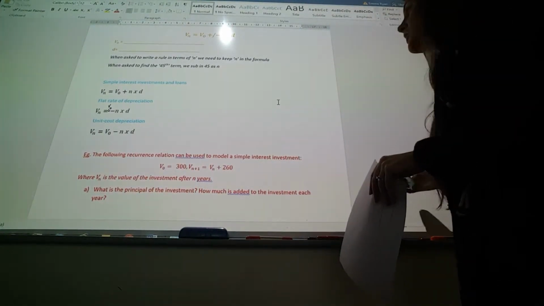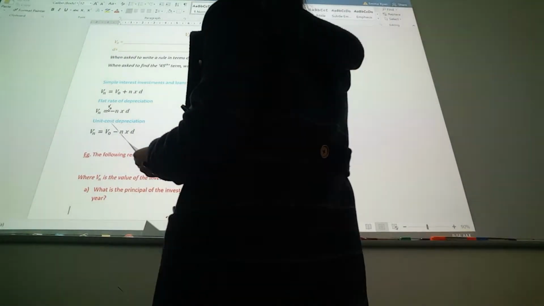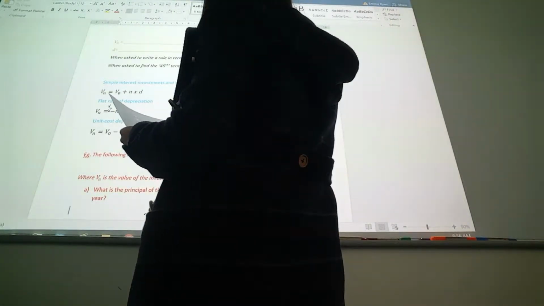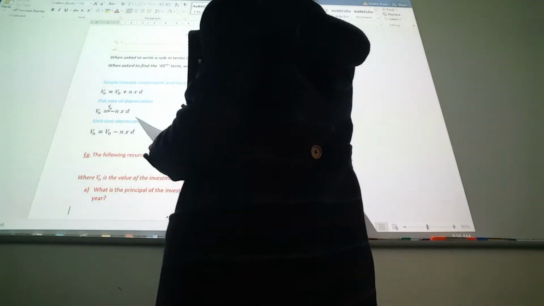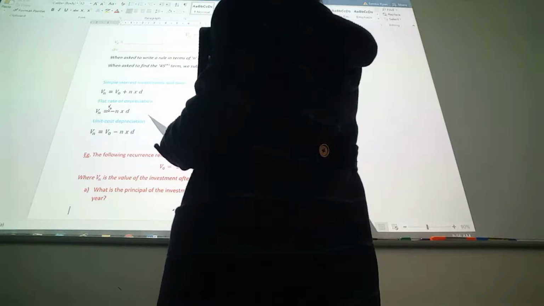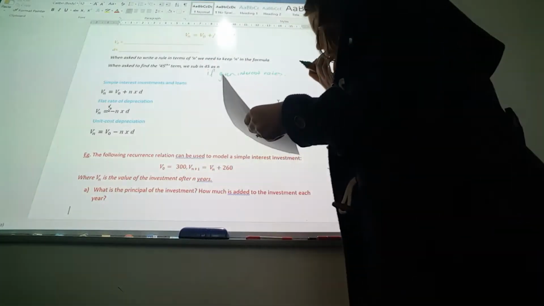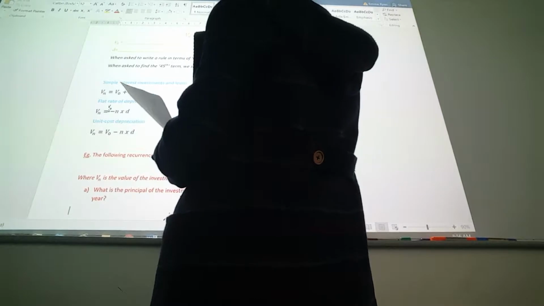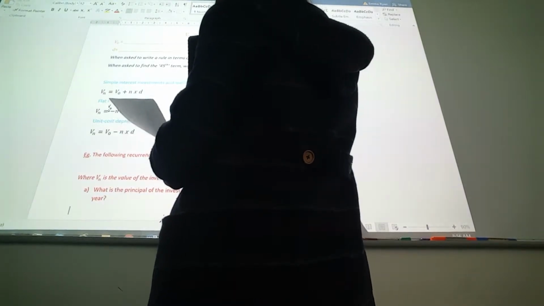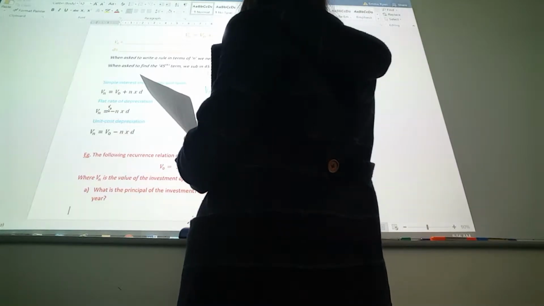If we are given interest rates, there are a few different formulas that we can use. So if we're given the interest rates, the formula we need to use for simple interest is this one.